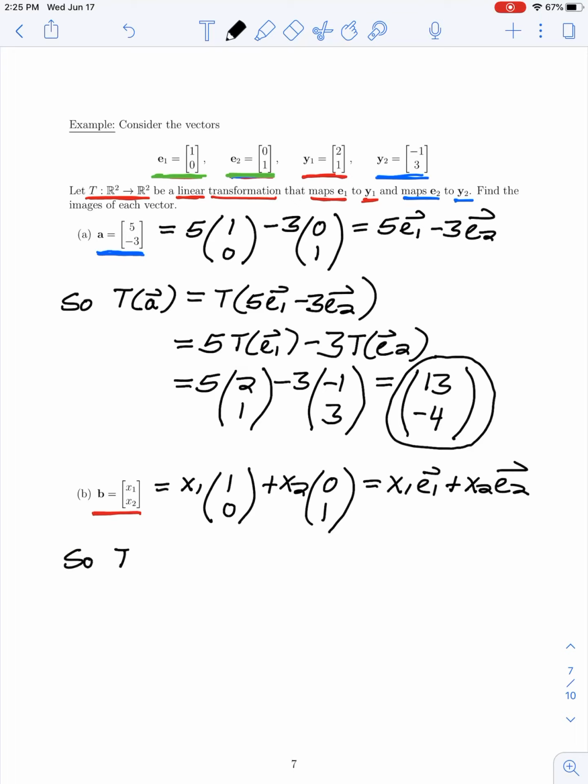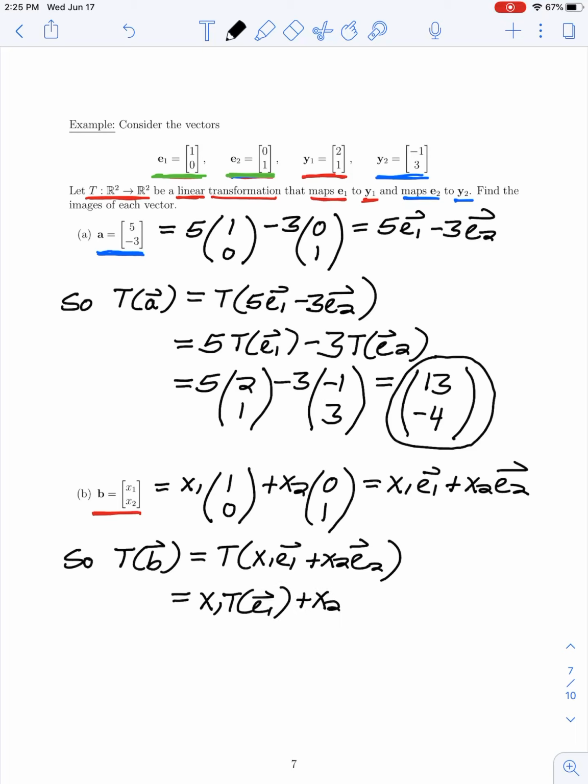So taking the image of this vector B under the transform T, well, B is the same as x1 E1 plus x2 E2. And since we were told T is a linear transformation, this is the same as x1 times T of E1 plus x2 times T of E2.